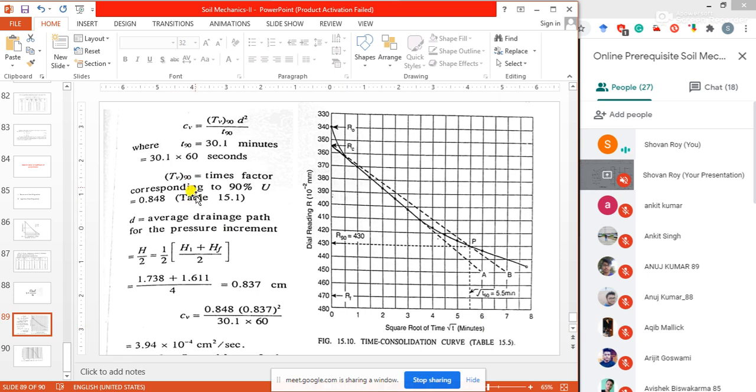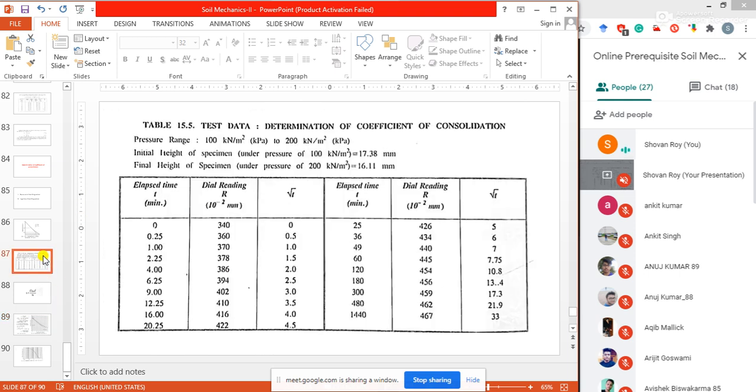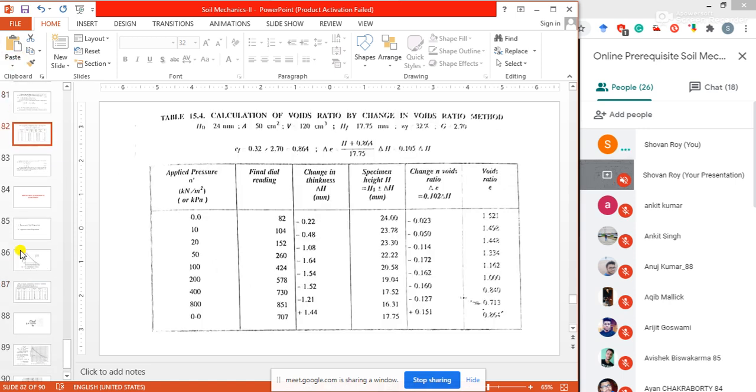Tv90 is the time factor corresponding to 90% U, that is 0.848, from Table 15.1. Tv90 is the time factor corresponding to this, as in Table 15.1, which is already given in this part.